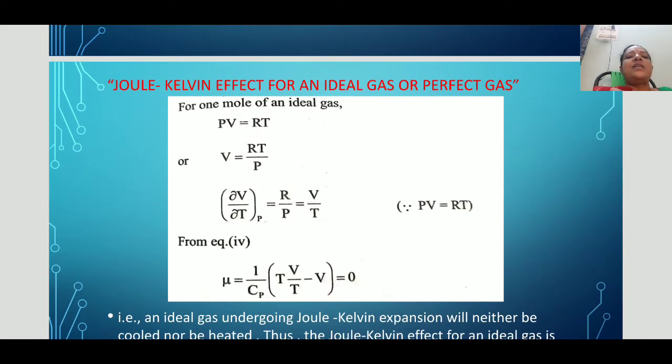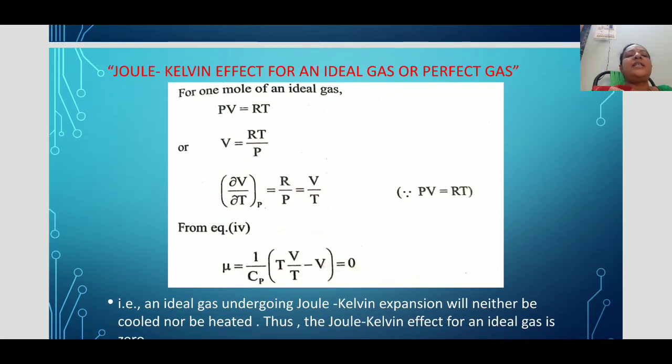For that purpose, V is equal to RT by P. Partially differentiating with respect to T at constant pressure, dou V by dou T at constant P is equal to R by P. R by P can be written as V by T again.